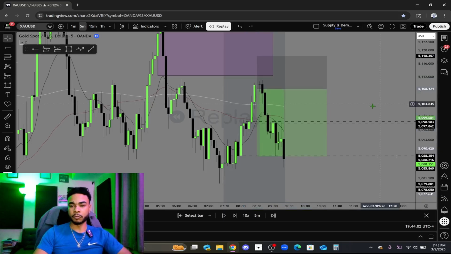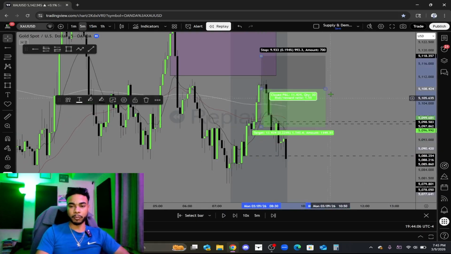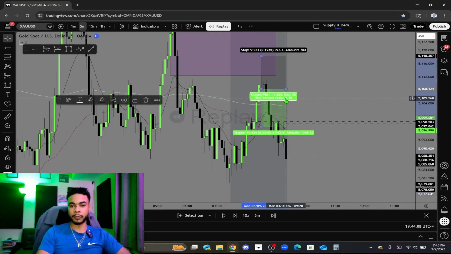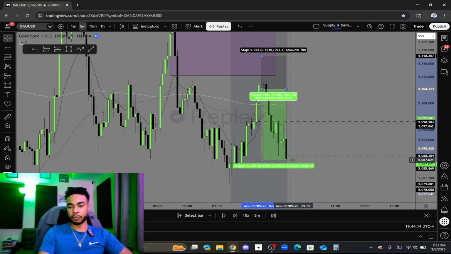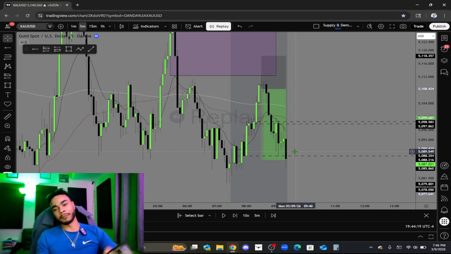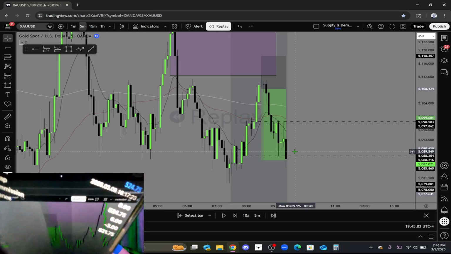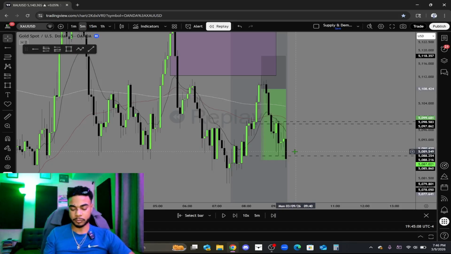So that was basically today's trade setup. I basically got out right here at a 1-to-1 around this area. But the trade ended up going fully for my 1-to-2 target, and basically I would have made like $521.